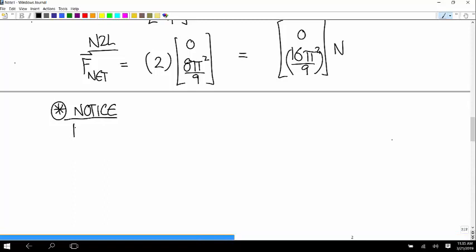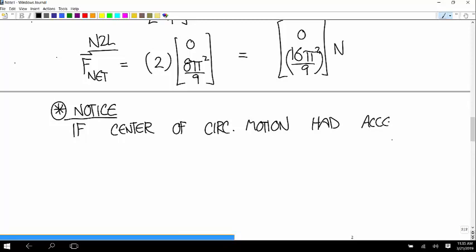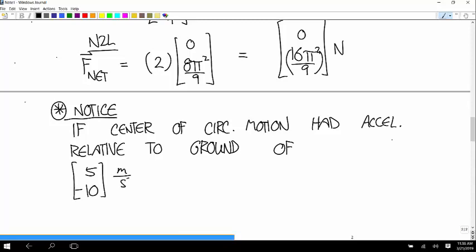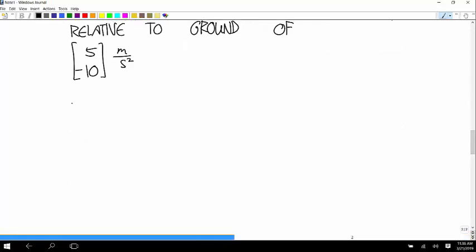Yes. So if the center of the circular motion had an acceleration relative to the ground of 5, -10, then the acceleration of the box relative to the ground would be equal to the acceleration of the box relative to the center, plus the acceleration of the center relative to the ground.